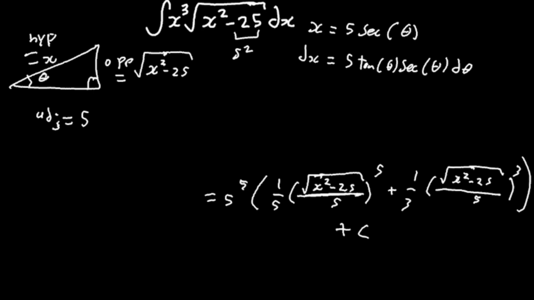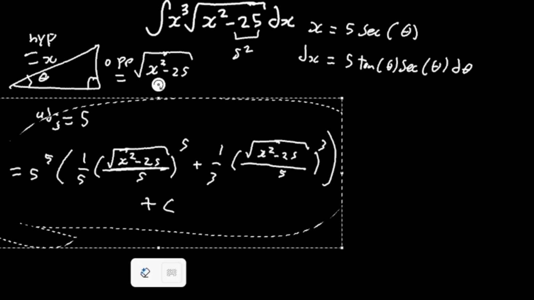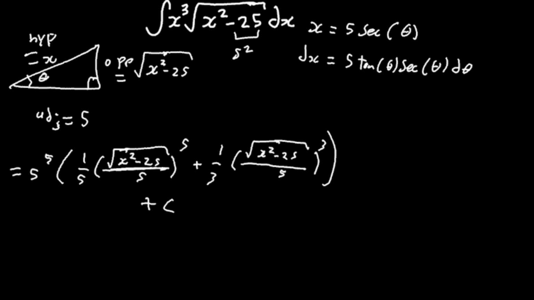Oh, wait, that's messy. Okay. So what I'm going to do is, first, this 5th power goes to both of these. So this is going to become 5 to the 5th power times 1 over, so we have a 1 over 5 to the 5th, and then we have another 5, so 1 over 5 to the 6th power times x squared minus 25.